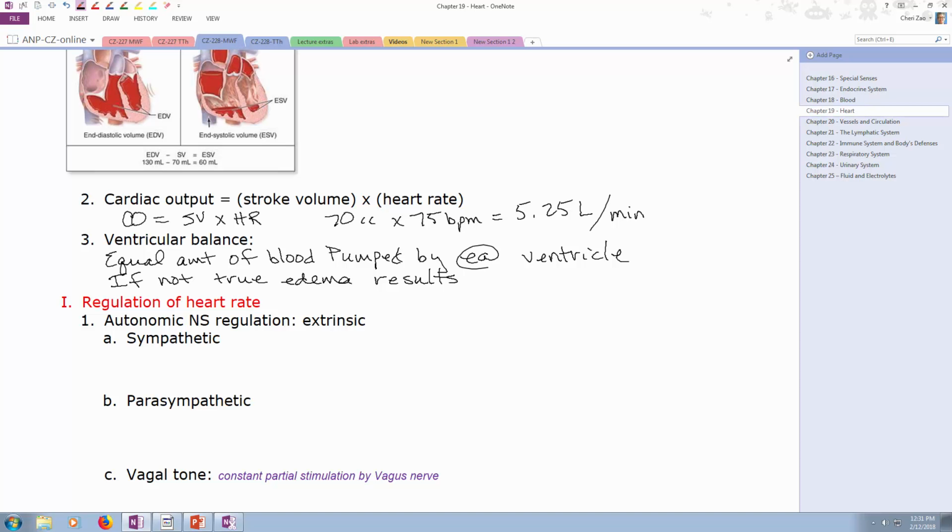You guys follow that? If we're not pumping out our 70 cc's every time, we're pumping out less, that means that we're still getting filled up from the other side, correct?